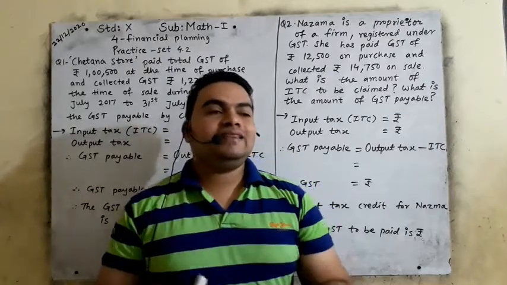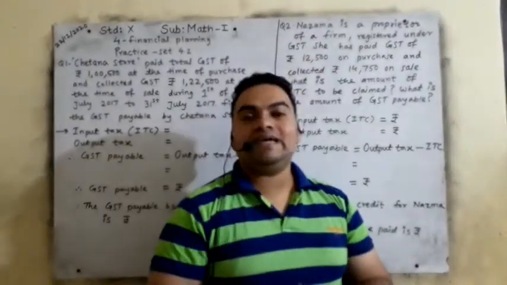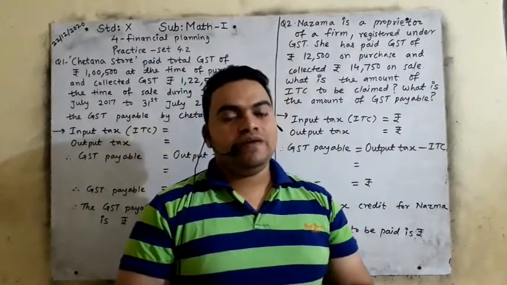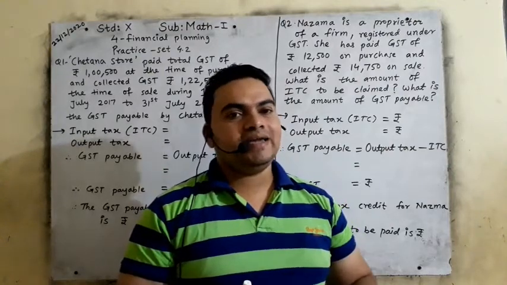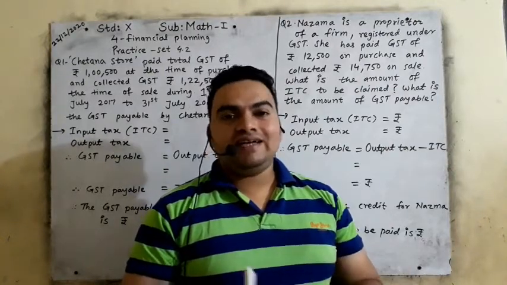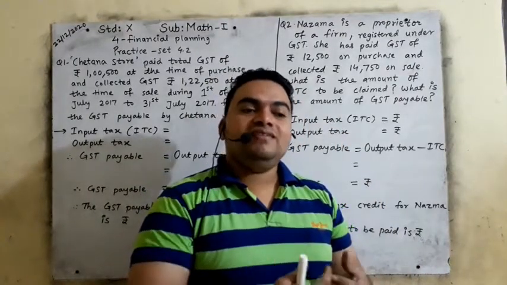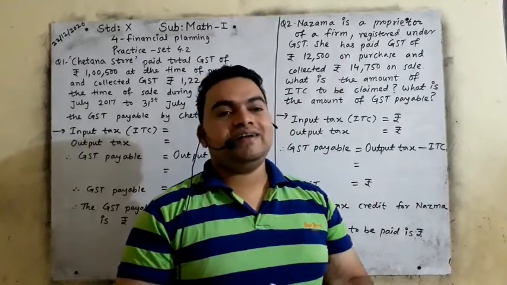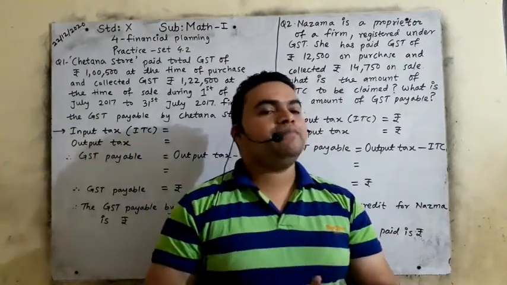And at the time of selling that product, you are collecting the GST, that is called output. GST payable is equals to output tax minus input tax, and that is the deduction while paying the GST to the government. A trader deducts the input tax from the output tax, that is called input tax credit.